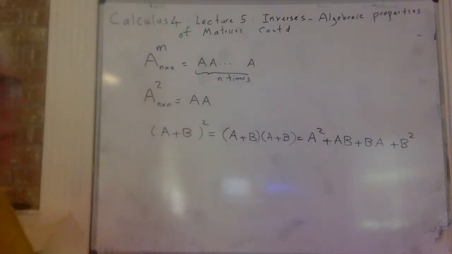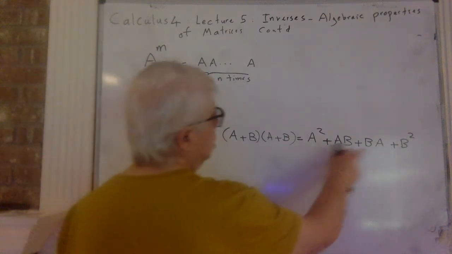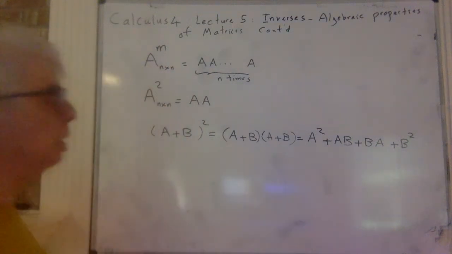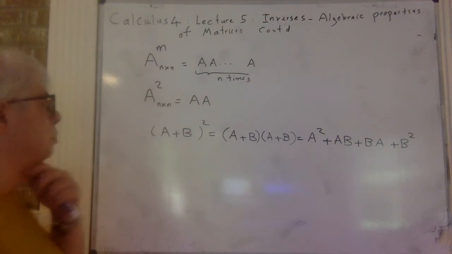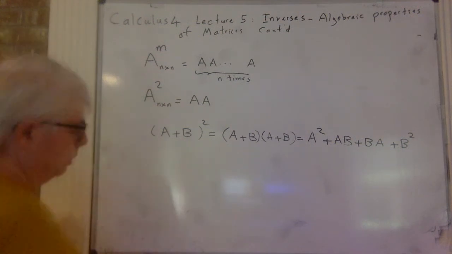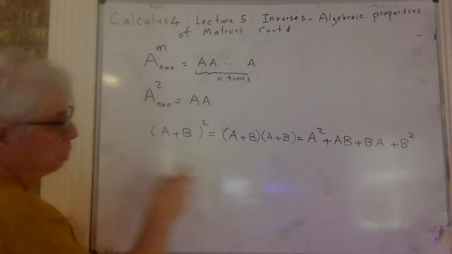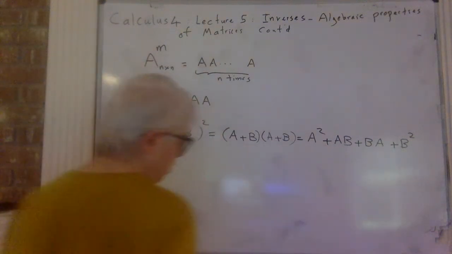AB and BA are not the same, so I cannot write 2AB or 2BA; it just stays like this. I can raise it to power 3, and then I have to multiply one by one, so I will get AAB, ABA, and things like that. So when you multiply them, don't assume that these are the same. No, they are not the same.